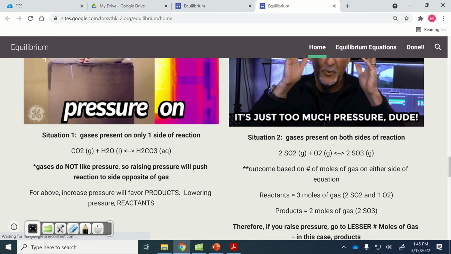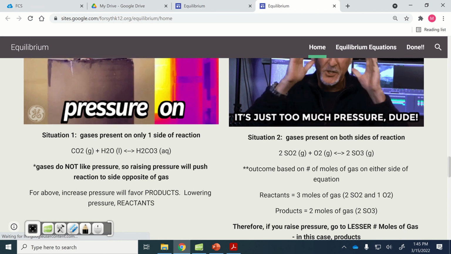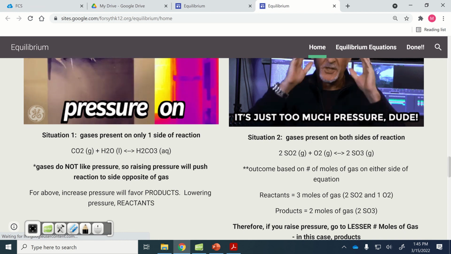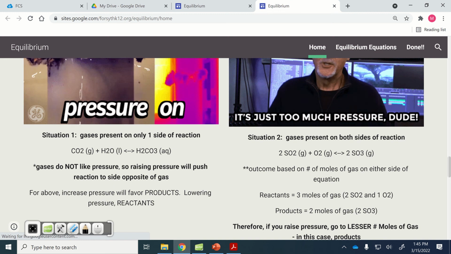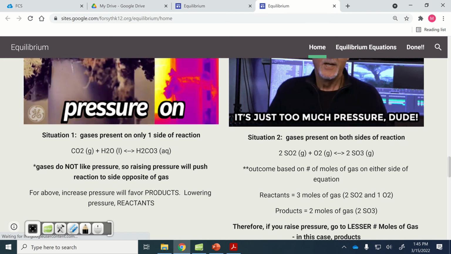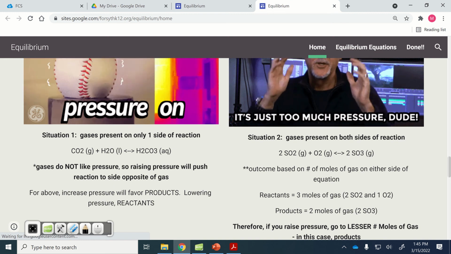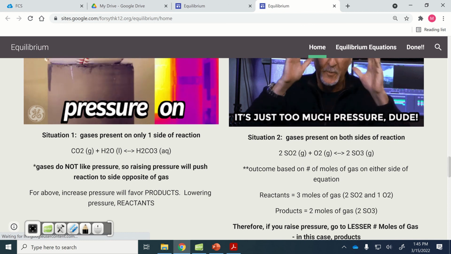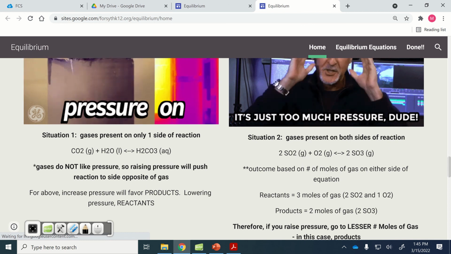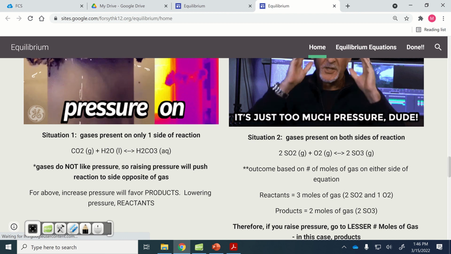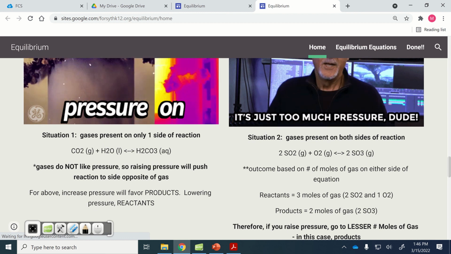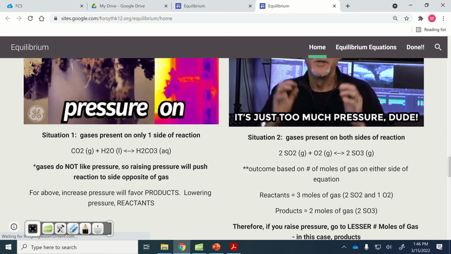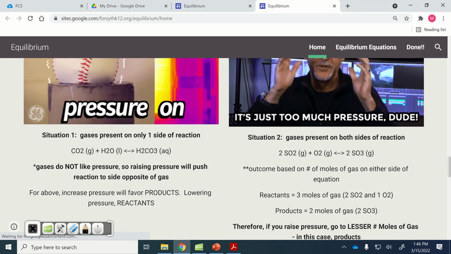So if you raise pressure, you will push the reaction away from the gaseous side. You basically are saying these gas particles have to get closer together, so they're going to react more possibly. So gases don't like pressure. Raising pressure will push the reaction to the opposite side of the gas. Lowering the pressure will push it toward the gas. So again, we have to understand the vice versa as well.